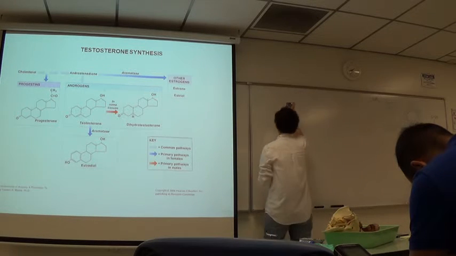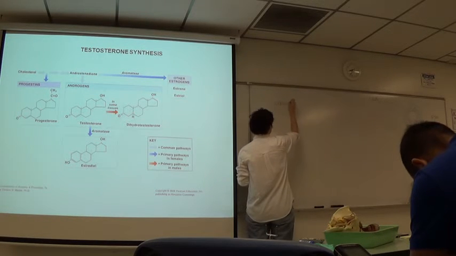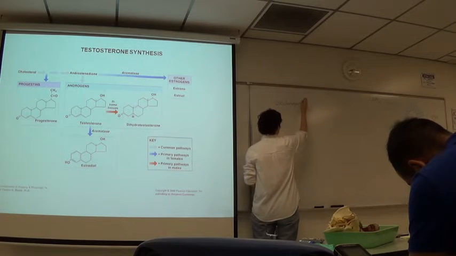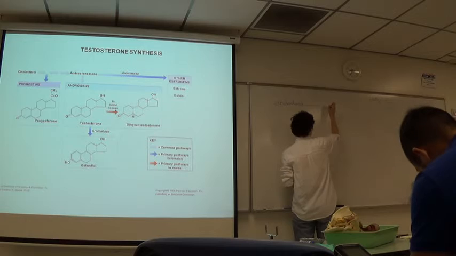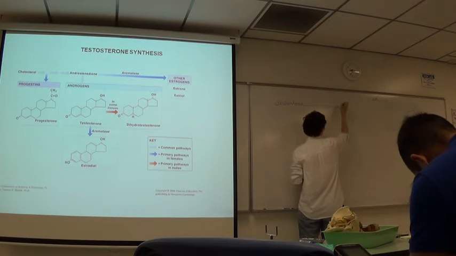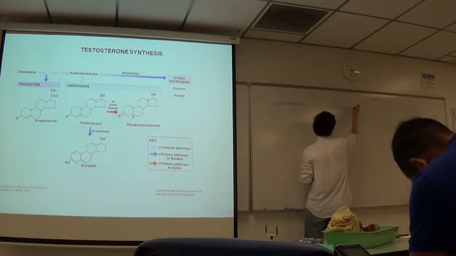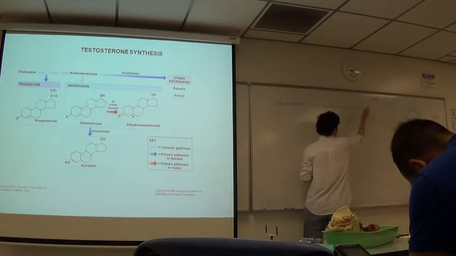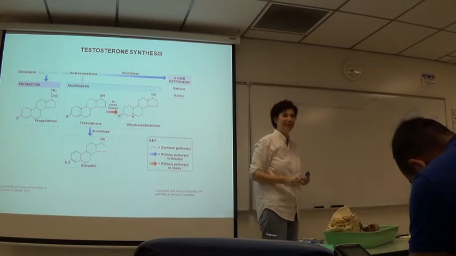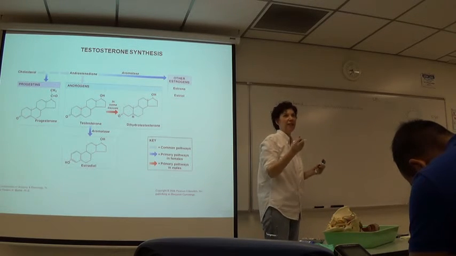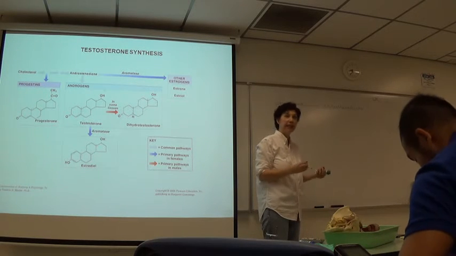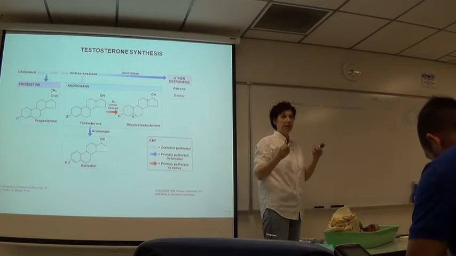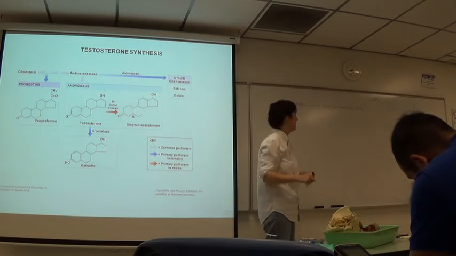So we have cholesterol, going to form androstenedione, and each of these is regulated by an enzyme, okay? Which in the interstitial cells is going to have been activated by protein kinases under cyclic AMP influence.